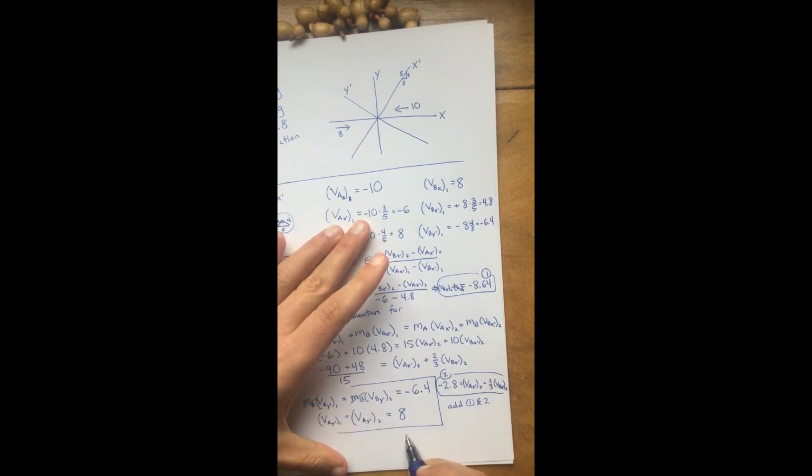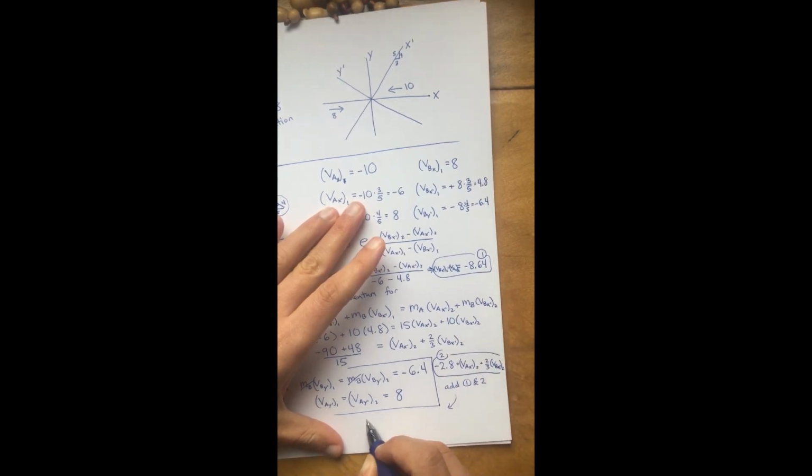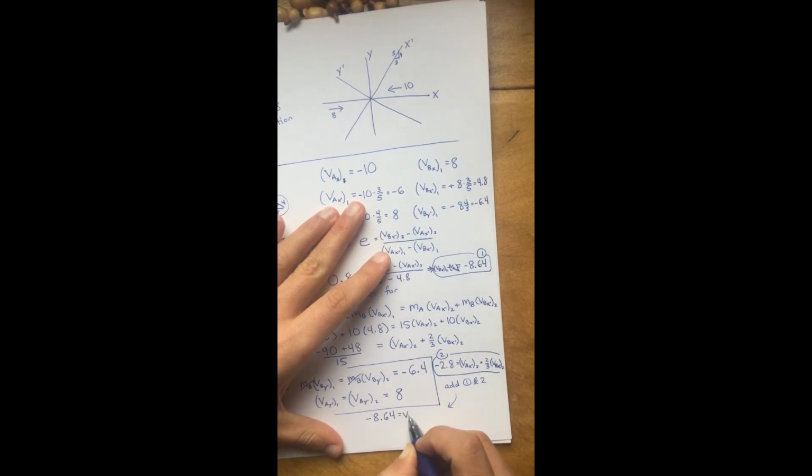Let me come down here and do that. Equation 1, let's write that as negative 8.64 is equal to VB x prime 2 minus VA x prime 2. That's what I have up here. Now equation 2 is negative 2.8 is equal to VA x prime 2 plus 2/3 VB x prime 2.